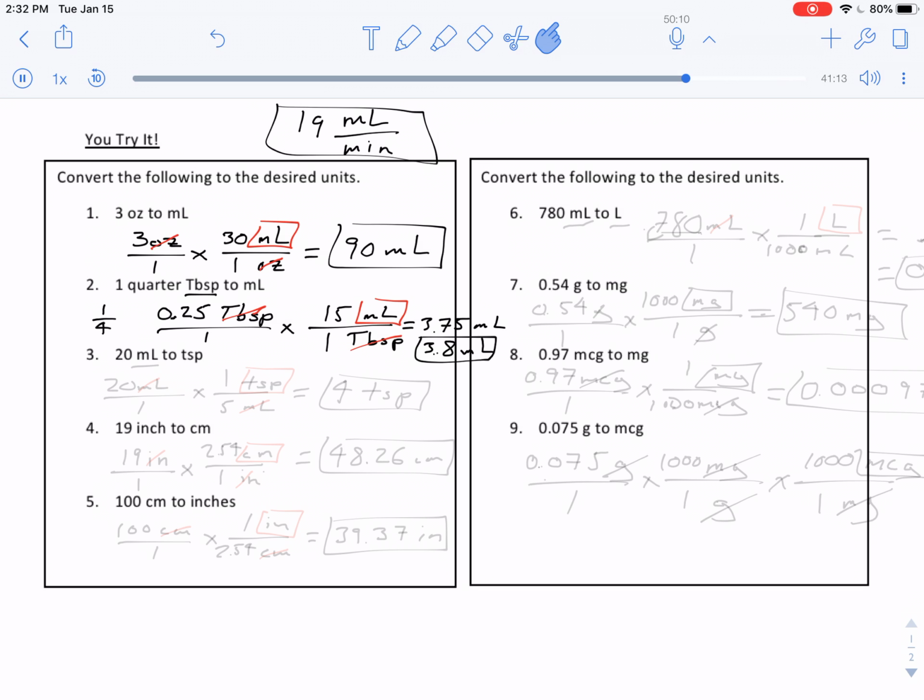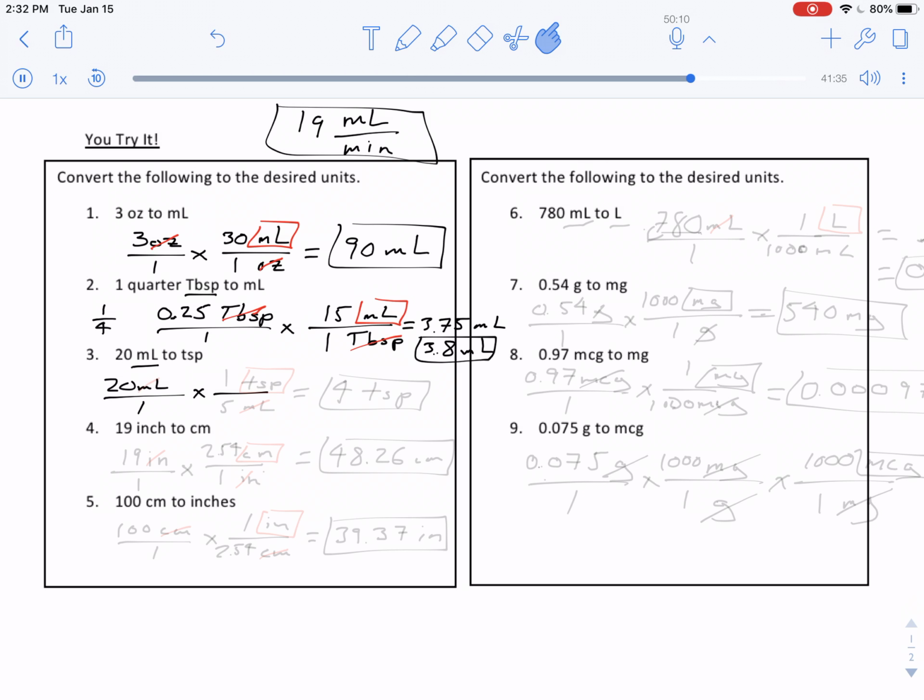All right. So 20 milliliters to teaspoons, right? Again, probably not something you'll do in the future, because we usually go to milliliters, not to teaspoons, but I just want to test you. I just want you to think about how this conversion stuff works. So I take my 20 milliliters, starting off with per one thing.